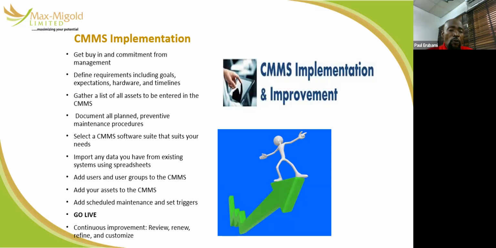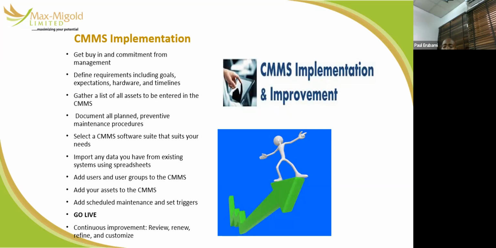Then you can document all your planned preventive maintenance procedures. You can select a CMMS software that suits your need, that will give you the required information that you want from that software. Then also import data. You can import any data you have from the existing system using a spreadsheet. Then you can add the users to be grouped in the CMMS.